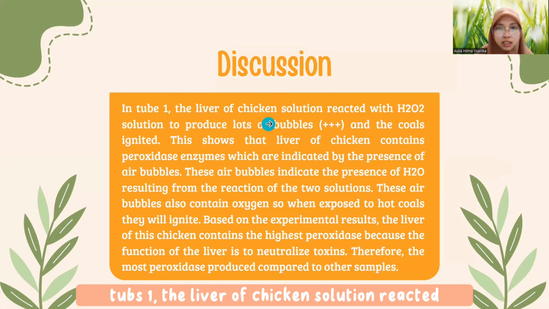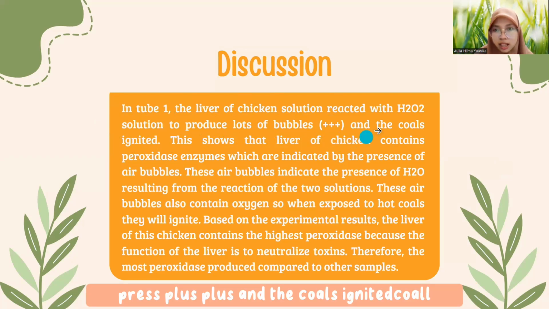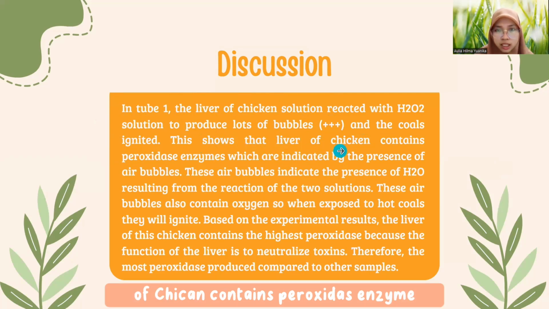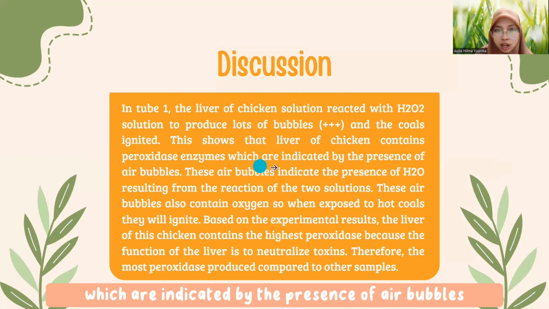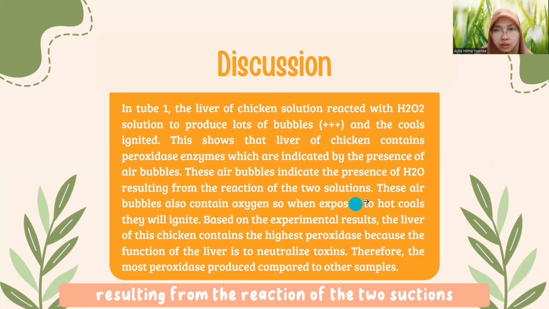Tube 1, the liver of chicken solution reacted with H2O2 solution to produce lots of bubbles, plus, and the coals ignited. This shows that liver of chicken contains peroxidase enzyme, which is indicated by the presence of air bubbles. These air bubbles indicate the presence of water resulting from the reaction of the two solutions.